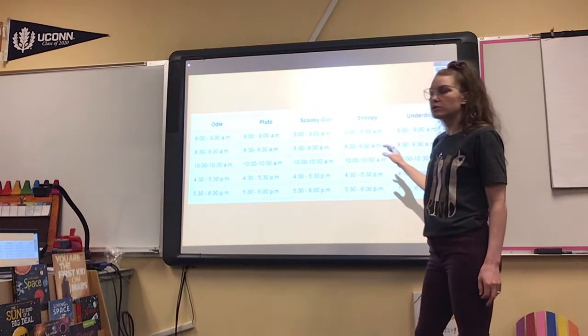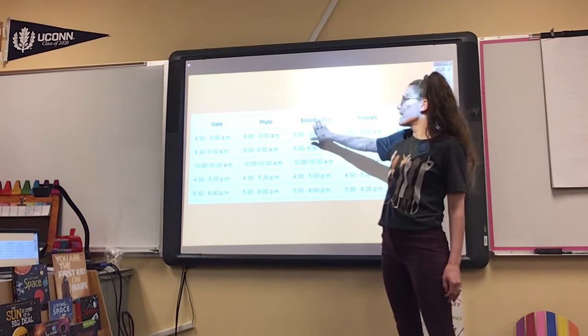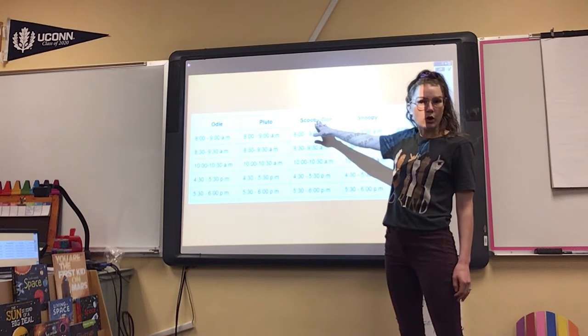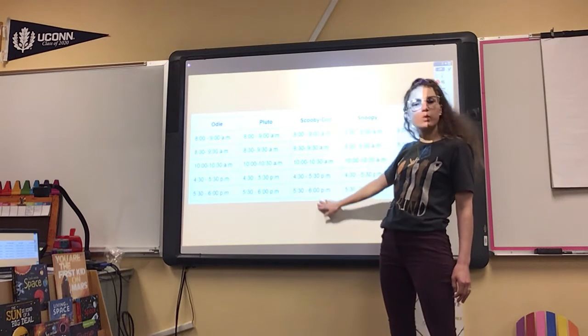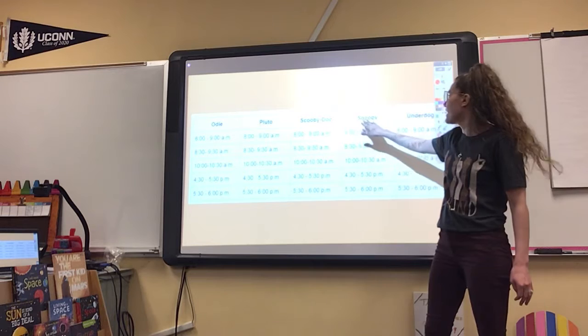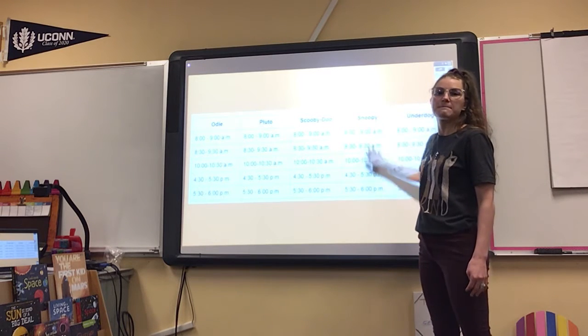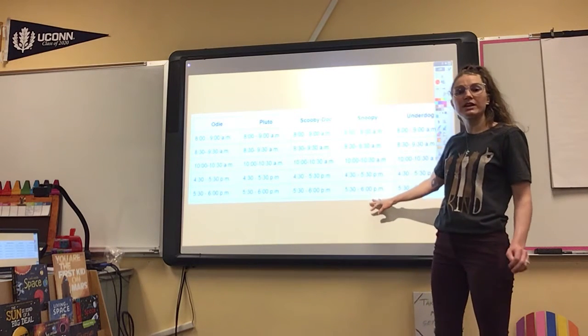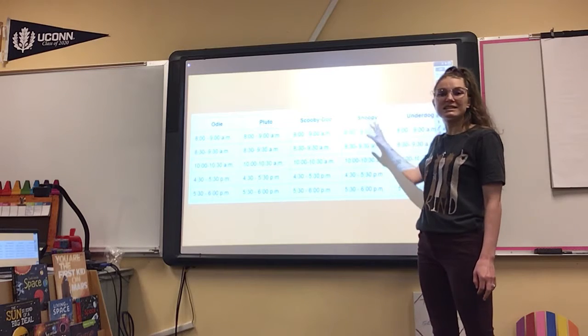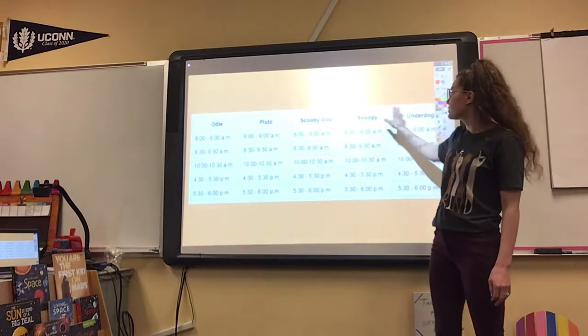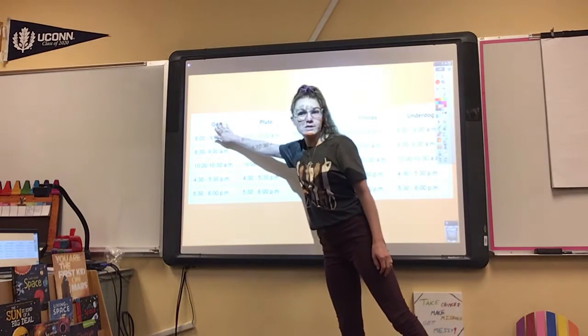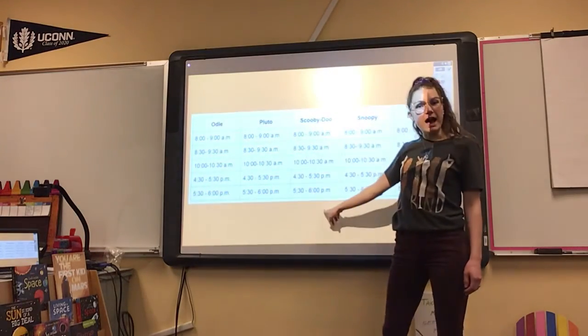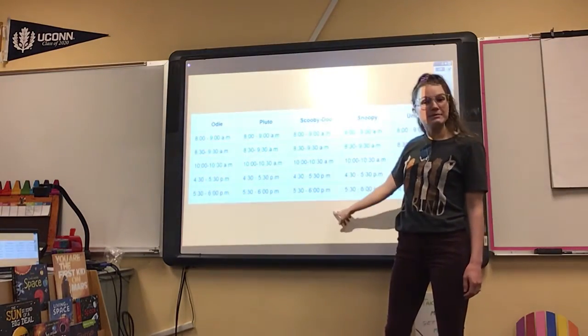So what you need to do is figure out, when does the Scooby-Doo TV show play? It's one of these times. When does the Snoopy show play? It's one of these times. However, each show has a different time slot. So we can see there are 5 dogs and there are 5 time slots available.